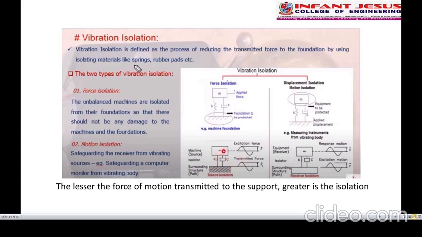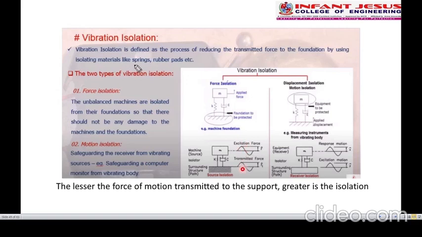Here the excitation force which is given from the source is in the form of a sine wave, and this force is transmitted to the foundation. So how much of the excitation force is transmitted to the foundation?